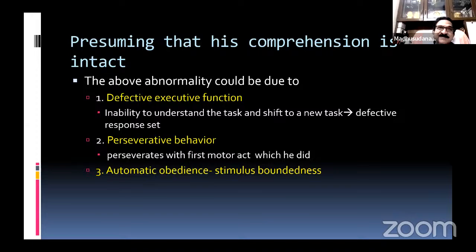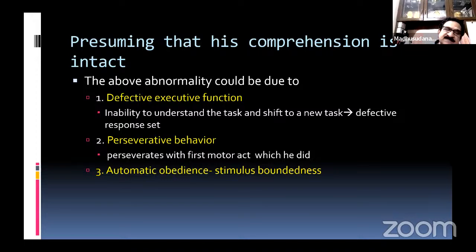If he is not comprehending, he is doing something we don't know. But he must have comprehended. There is indirect evidence of comprehension because he is attempting to do that. Otherwise he would just be staring at you without doing anything. So it's only an indirect conclusion, not a direct conclusion.